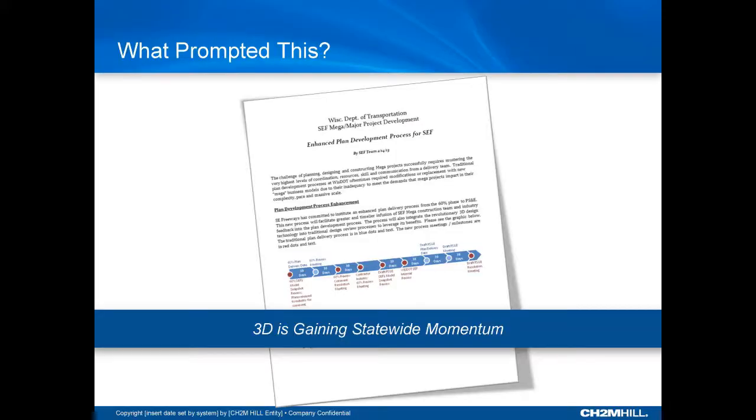Right, so let me just touch on a few words about what prompted this. Why even 3D PDF and being given to the construction team? Well, as I tipped my hat to earlier, WSDOT in April of this year put out this enhanced plan development process.